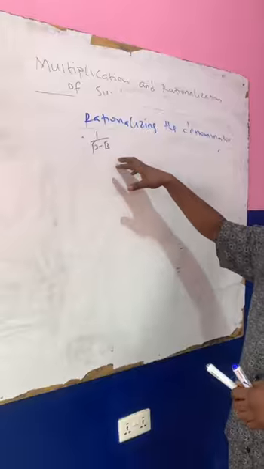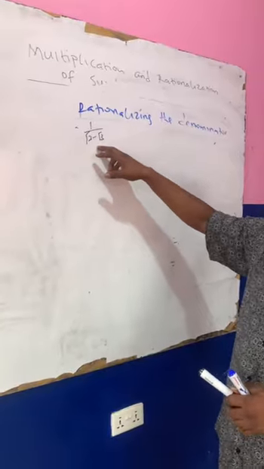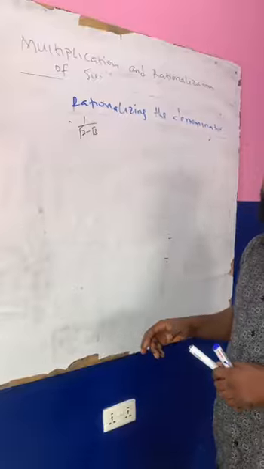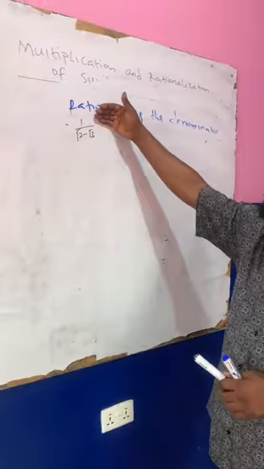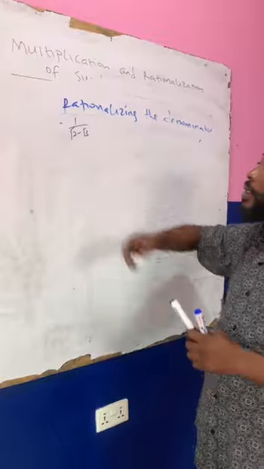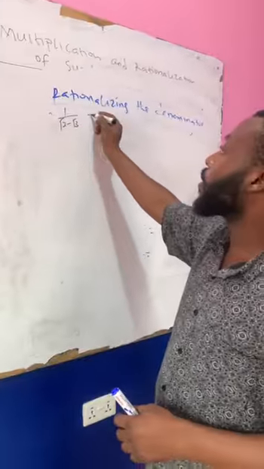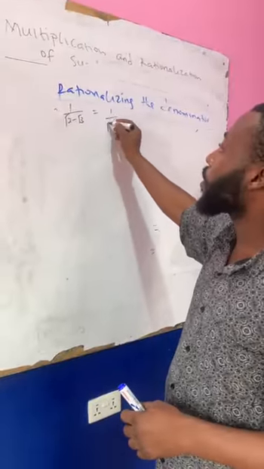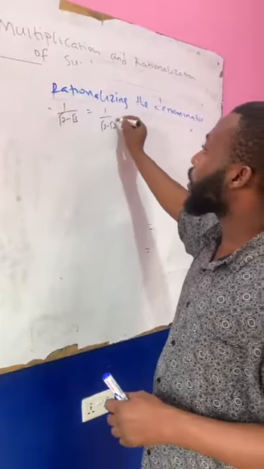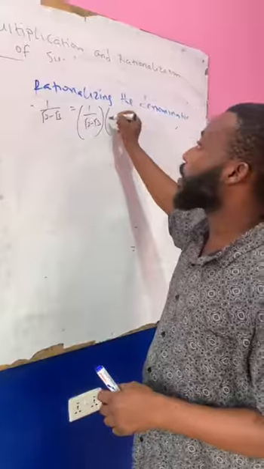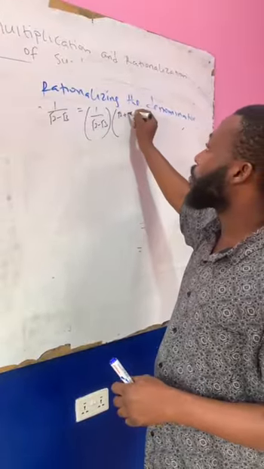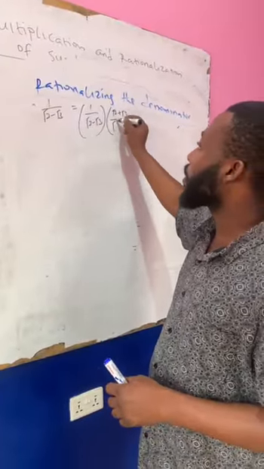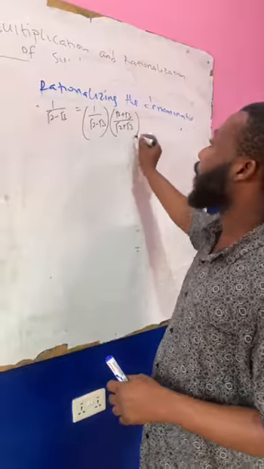So it means that we have to multiply the denominator by its conjugate, and then we multiply it by the numerator and the denominator. So the conjugate here will be, this is going to be 1 over root 2 minus root 3 times the conjugate, which is root 2 plus root 3 over root 2 plus root 3.